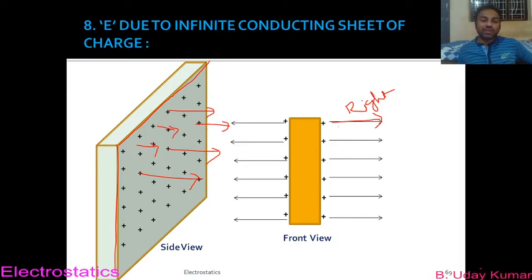So please check it out. Here the electric field that we are getting is due to the charge that is present on this surface. And similarly whatever the electric field that arises on the left side of the sheet, that will be due to the charge that is present on the left side. That you have to understand here.